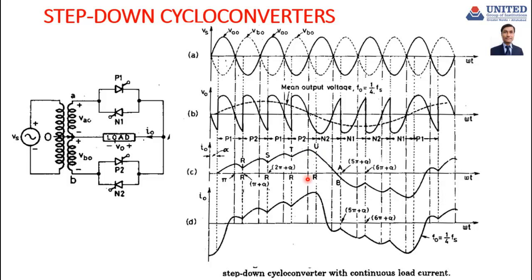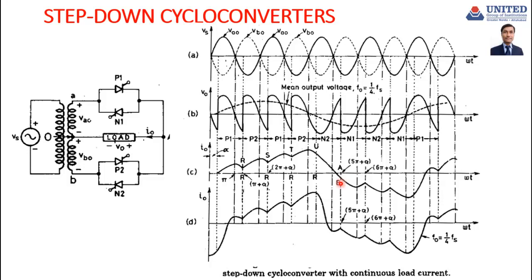Now when N2 is triggered after P2, then load voltage is negative, and load current i0 decreases from RU to negative magnitude AB.